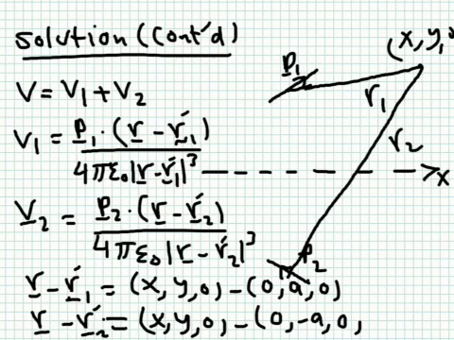I can also calculate this vector, which is r minus r2 dash. It is a vector pointing from the point (0, minus a, 0), which is the center of the image dipole, to this point, which is (x, y, 0). So this one here is the vector r. By knowing all this, I know p1, and I calculated p2 using p1. I can get the potential anywhere in the top half space.